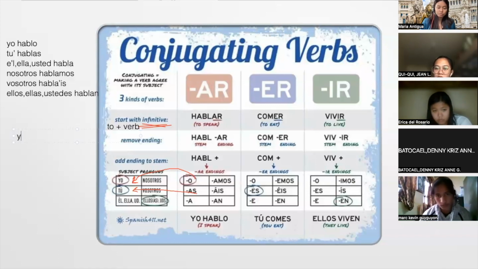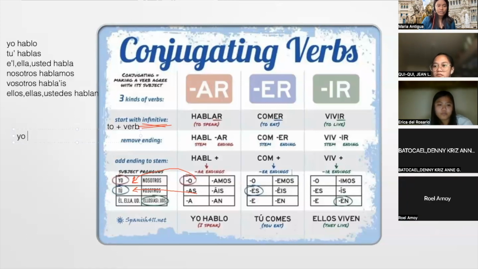Yo como. Tú comes. Él come. Ella, usted come. Nosotros comemos.